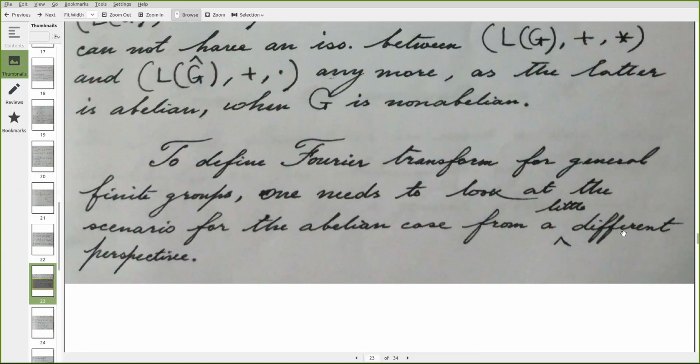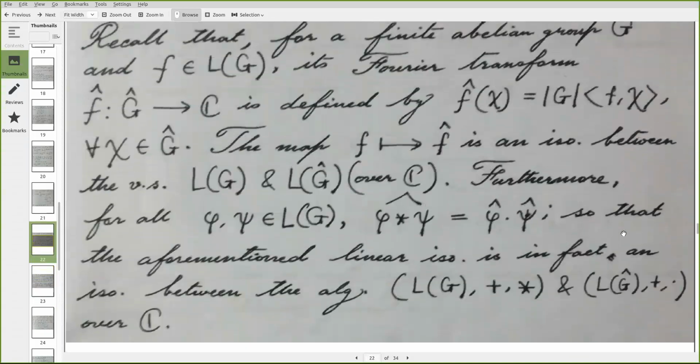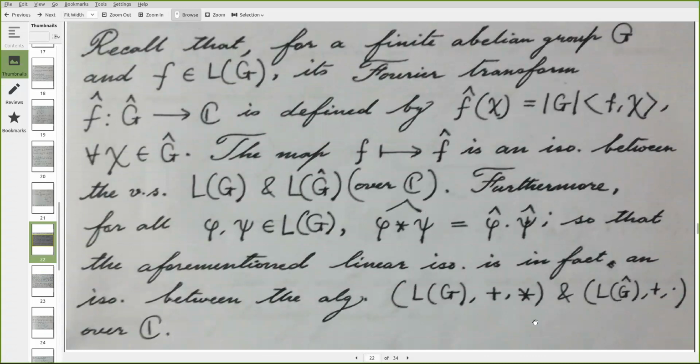Since we have to give up such an isomorphism for general finite groups, if we want to extend, we have to first look at the same old Fourier transform for finite abelian groups from a different perspective, because this we cannot have for general G. Now it's clear this is very, very special when G is abelian. In fact, that is why Fourier analysis on general finite groups is not that simple. So this is very special for finite abelian groups.